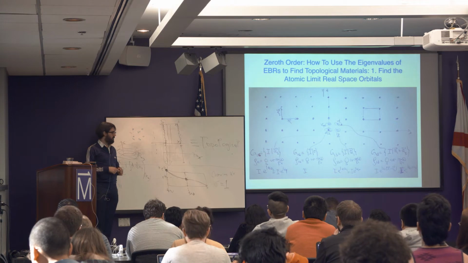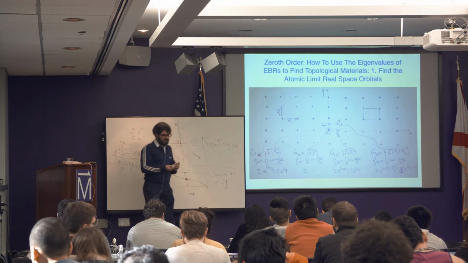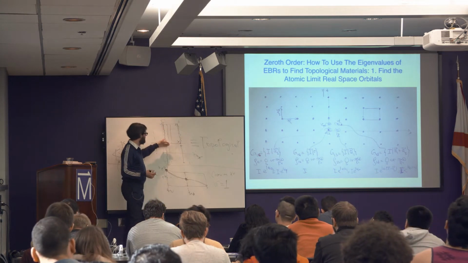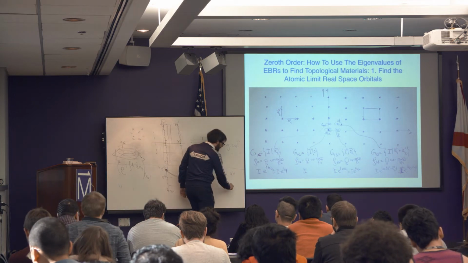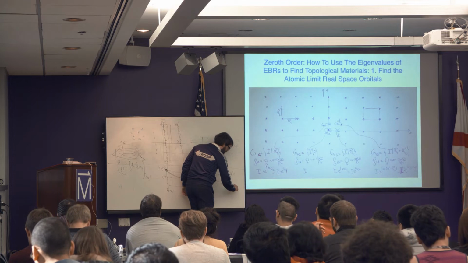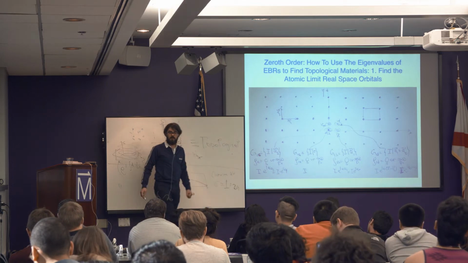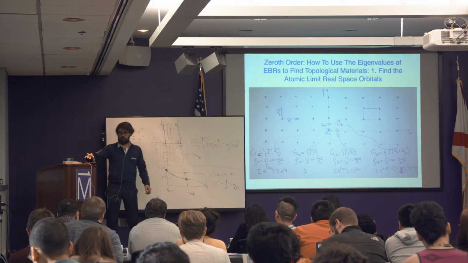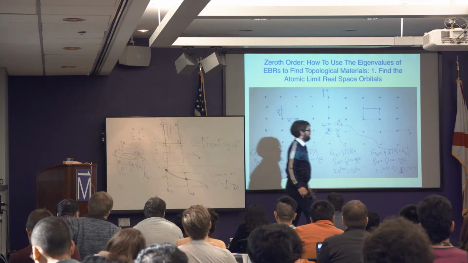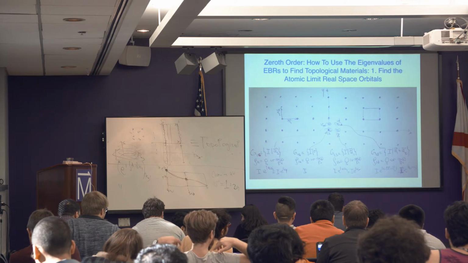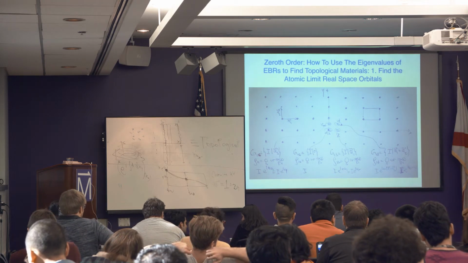Now, of course, this is not entirely correct. Given this eigenvalue structure, you can only say that the Chern number is 1 plus 2n. Why is that? Well, instead of drawing this, I could have drawn this winding many times.